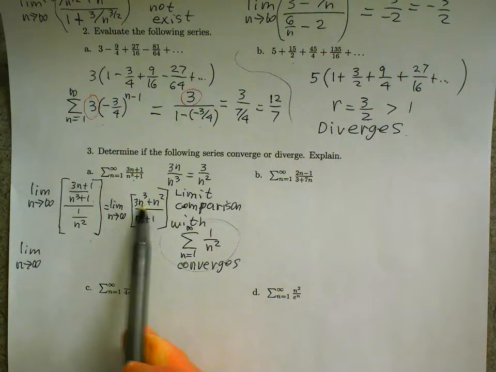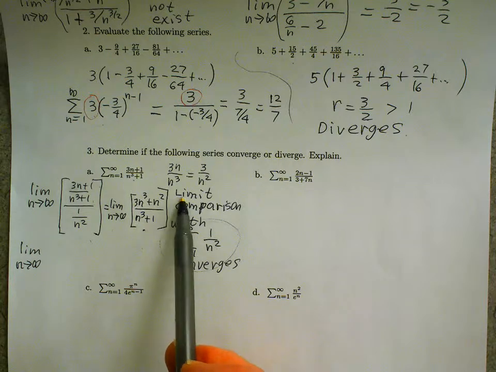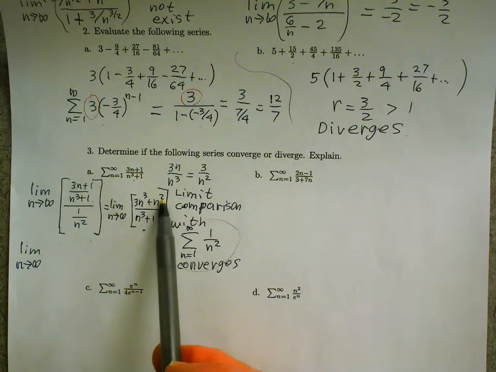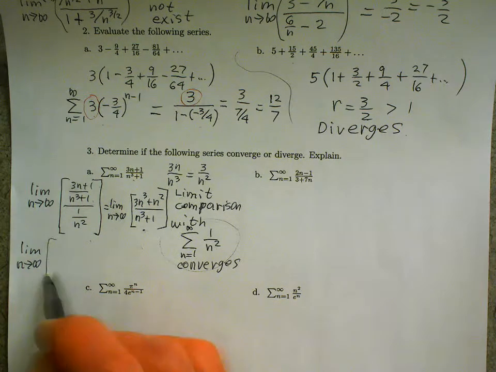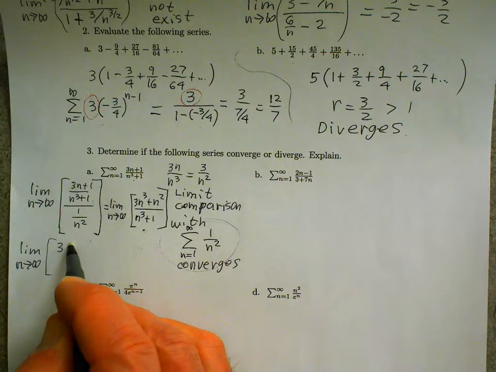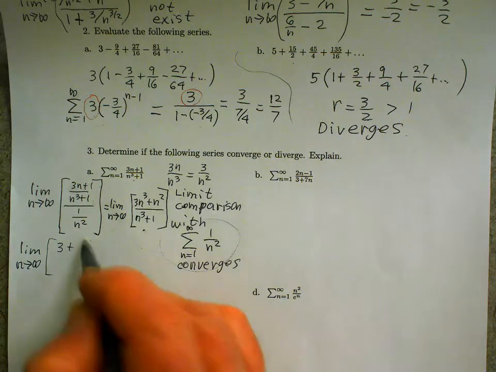We're going to multiply this numerator by 1 over n to the third. So let's just do that in our heads. 1 over n to the third times 3n to the third plus n to the second. We'll get 3n to the third over n to the third, which is 3, and then plus n to the second over n to the third, which is 1 over n.